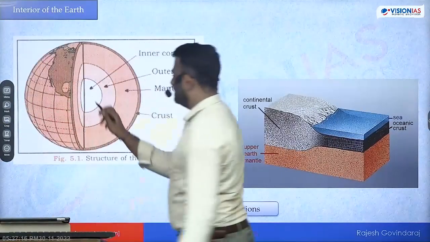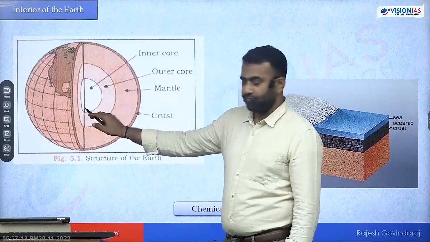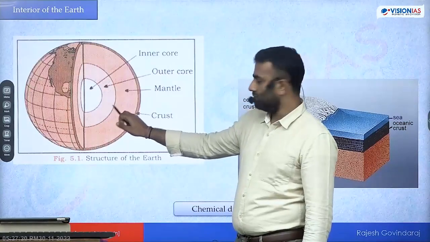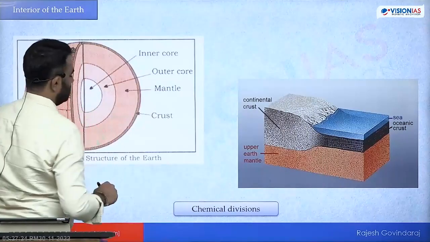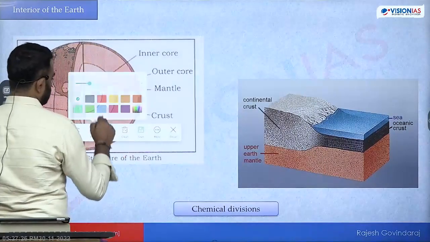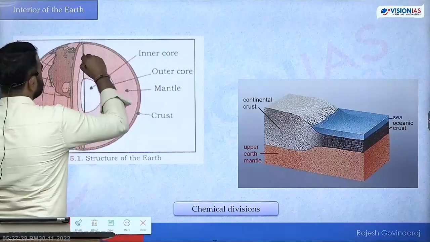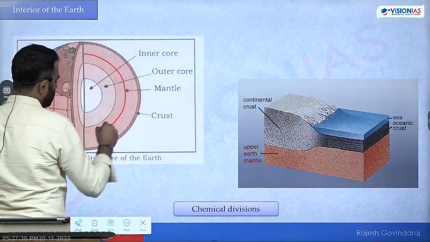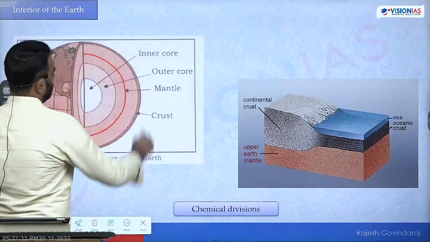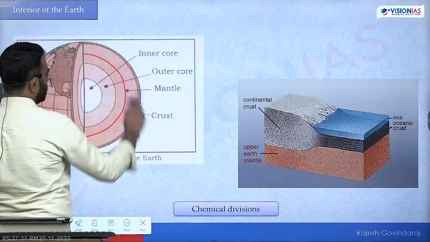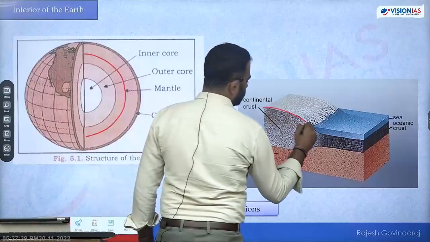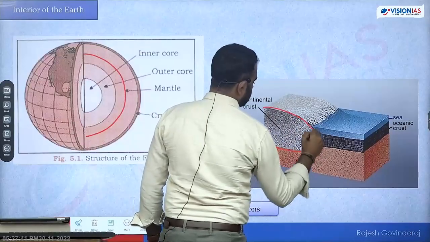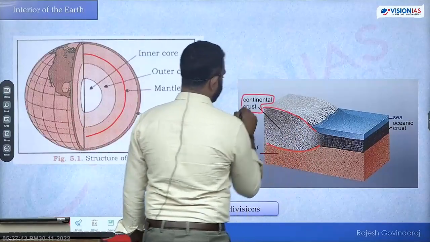So this is inner core, outer core, mantle. Mantle is divided into upper and lower mantle. Crust is divided into continental crust and oceanic crust, like this. In some parts it is very thick, which we call continental crust.